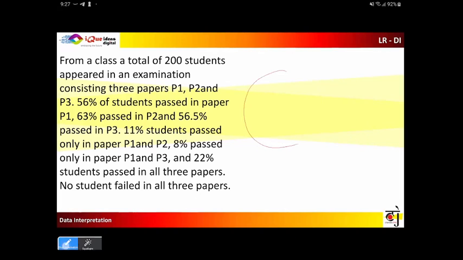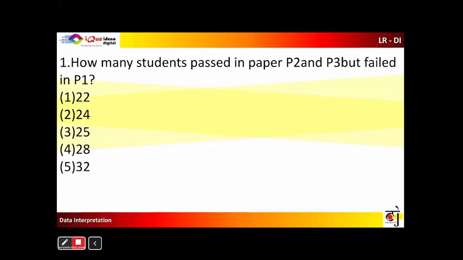So the question should be easy to solve now. How many students passed in P2 and P3 but failed in P1?